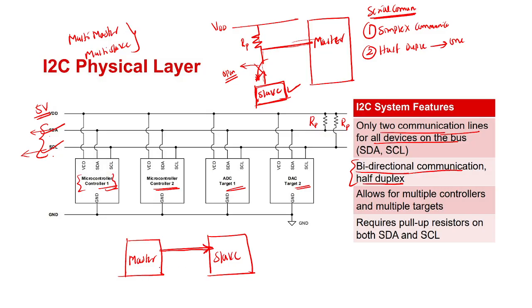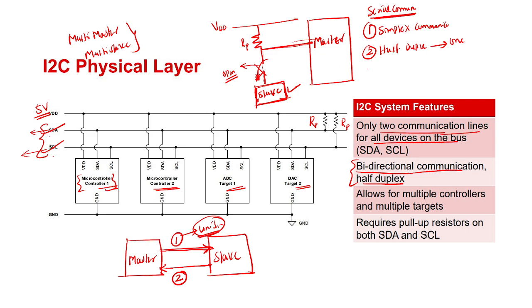After that, slave can send the data. In parallel it will not happen. At a time, first master will send the data. After that, slave will send the data. One way means we can call it unidirectional communication. Communication can happen in only one direction.